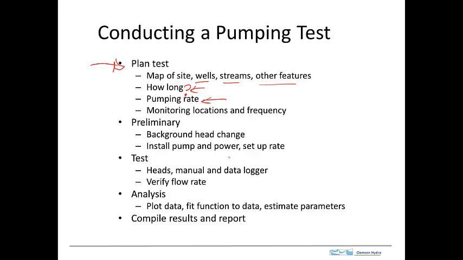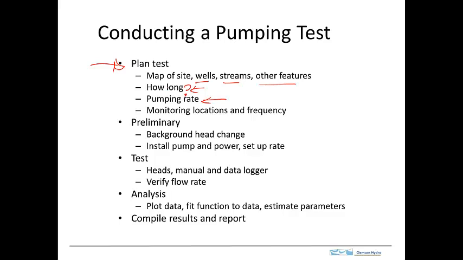And we saw that there are consequences of pumping and causing too much drawdown at a well. You might have the pump go dry. That would be bad. But at the same time, you're going to need to have a signal that you can measure. So you want to create as much drawdown as you can, but not too much. Okay?